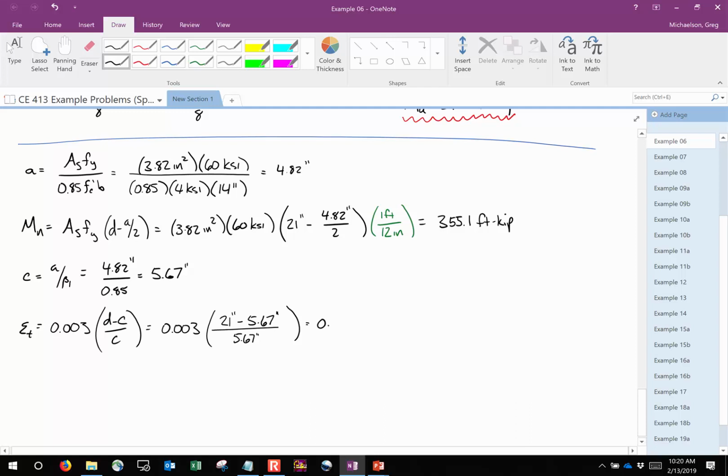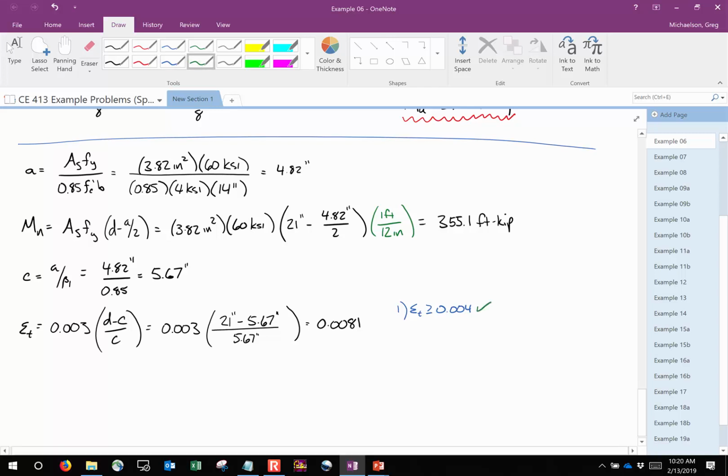So 0.0081. Remember, it's going to be tiny. We good on that? All right, so we have two observations. One, it's greater than 0.004, which is our minimum ACI requirement, so that's good.